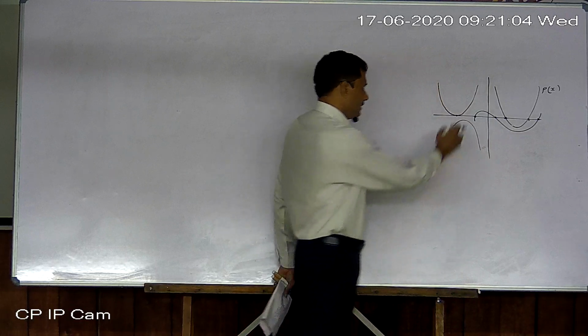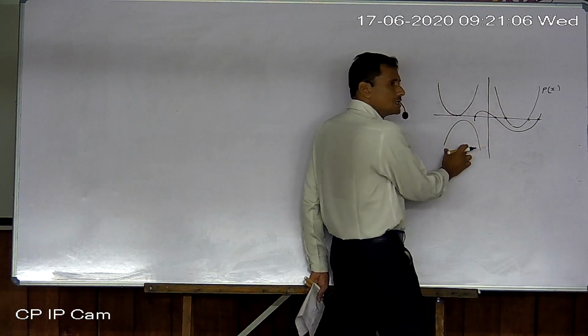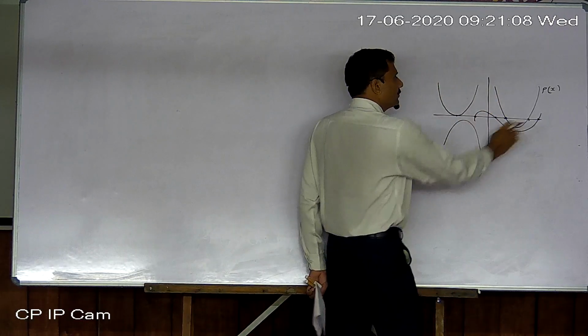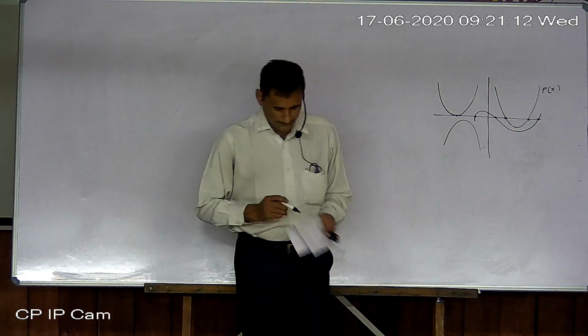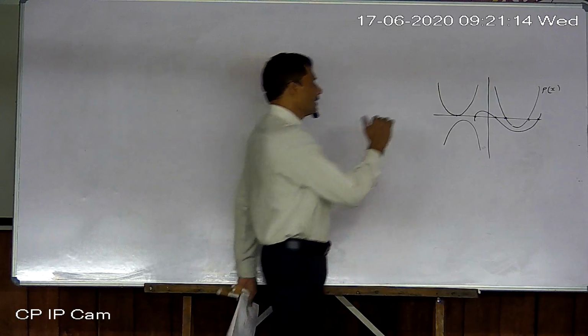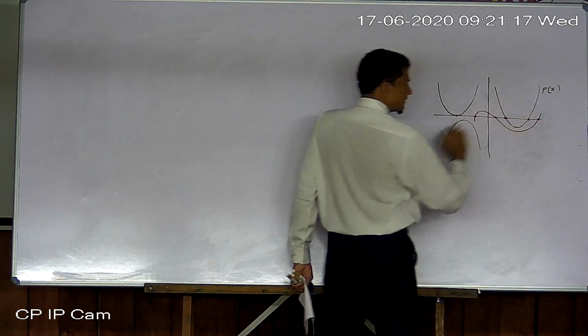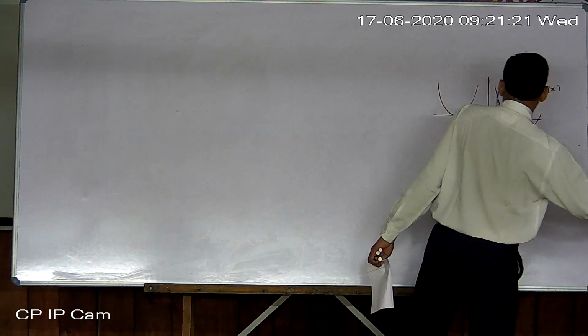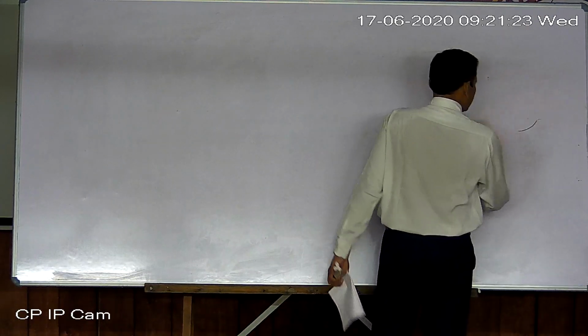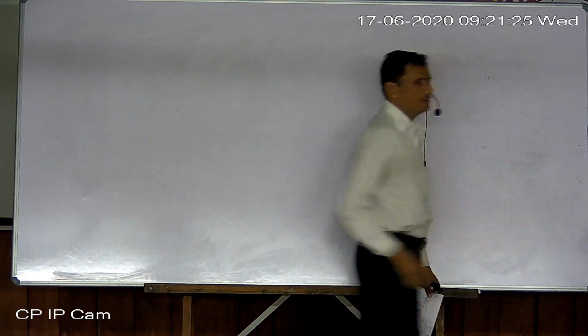Cubic. These are graphs of quadratic polynomials, and this is of a cubic. If the degree is more than 2, it has graphs like this one, zigzag. So we covered this part in question number 2.1.